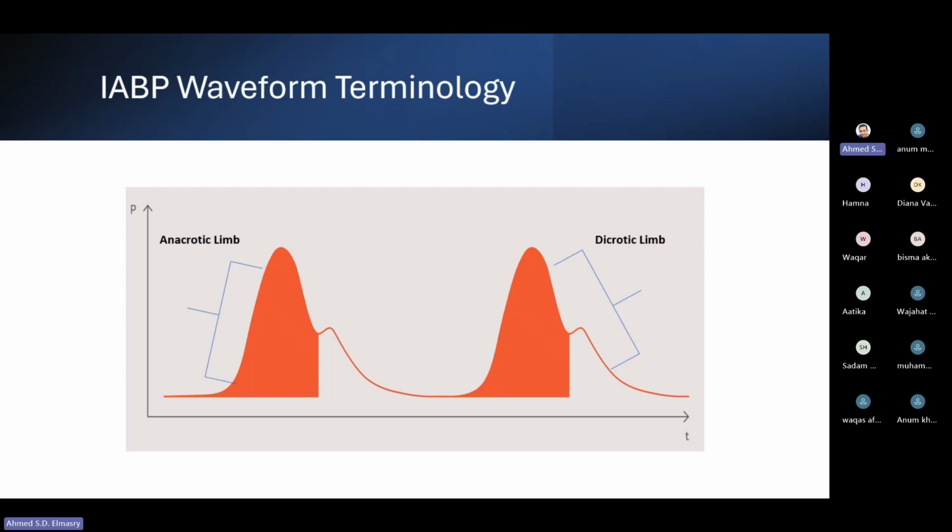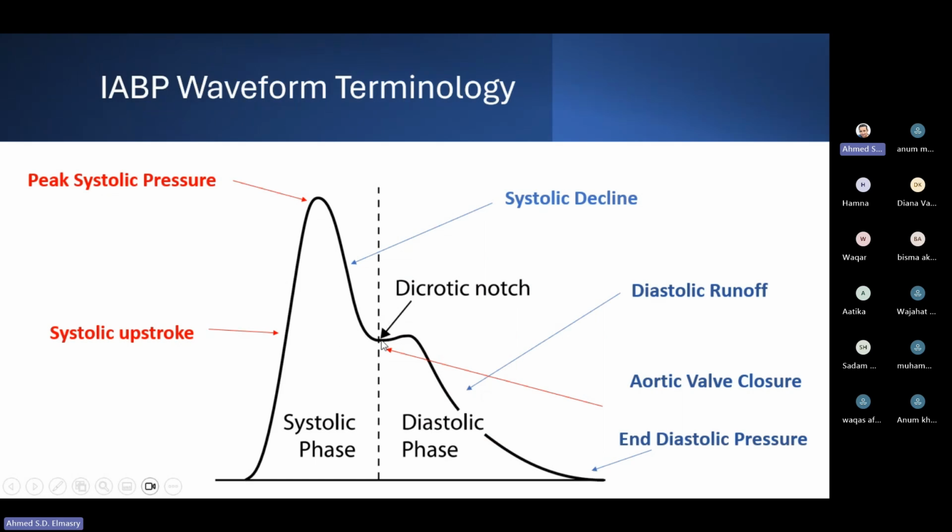And regarding the IABP waveform terminology, as you see, this is the arterial waveform. The arterial waveform is formed of the anacrotic limb and the dicrotic limb, and the point between the systole and the diastole is the dicrotic notch.